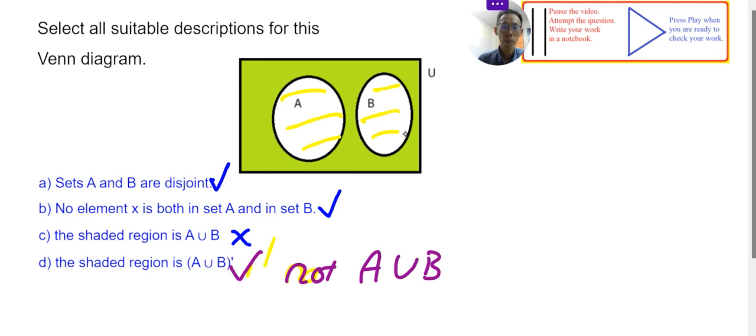That is the correct statement. That is everything that is not in A union B, outside of A union B. This is given by this shaded region here.